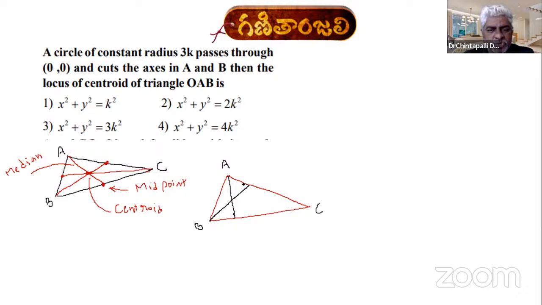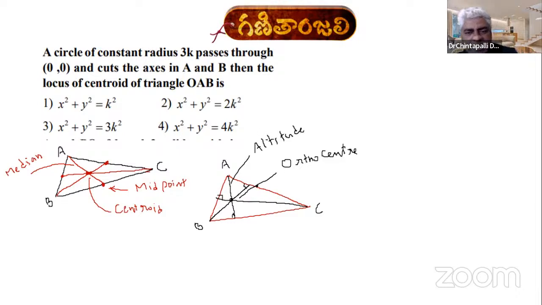This is the perpendicular through B. This is the perpendicular through C. All the perpendiculars meet at a point. That point is called the orthocenter. Orthocenter is the point of concurrence of altitudes.